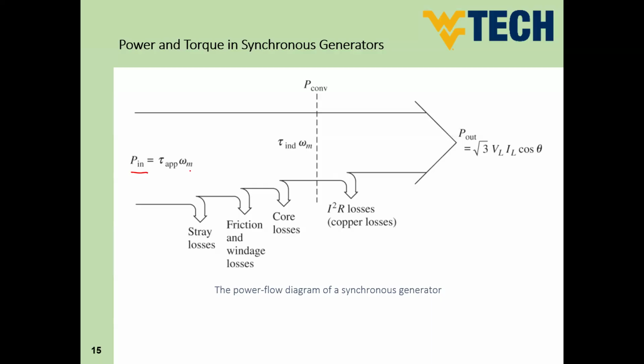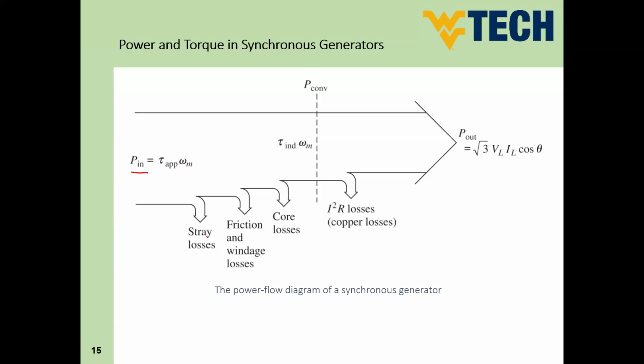In the induction motor we have many speeds, but here we have a fixed speed, which is the synchronous speed of the machine. And you know, omega is the synchronous speed in radian per second, and n is in RPM. So the input power is nothing but the applied torque, the shaft torque, times omega m.